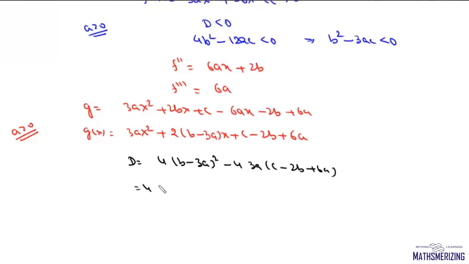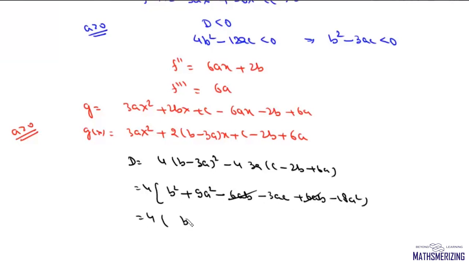Now we'll take this 4 common, and then we'll get b square plus 9a square minus 6ab minus 3ac plus 6ab minus 18a square. Now 6ab will cancel, so we'll get this as 4 times (b square minus 3ac, and then minus 9a square).